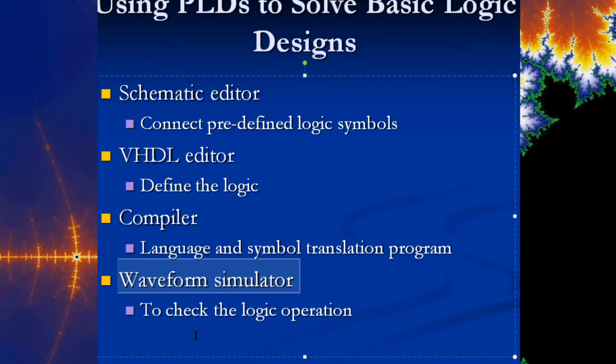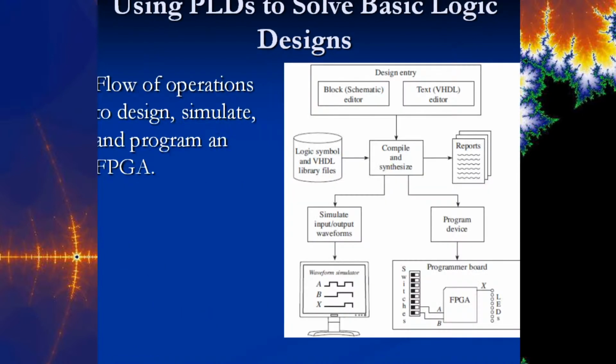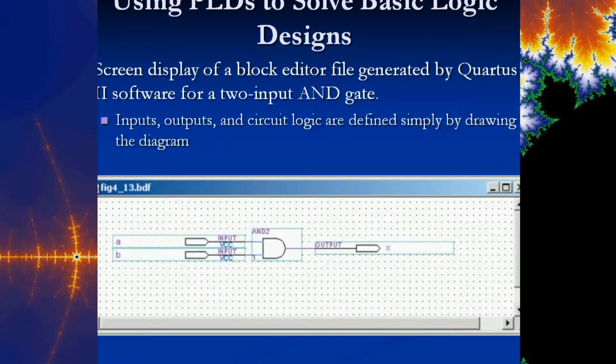Okay, so it's kind of a three-stage process, and most of our labs walk through that same process. So again, compile and synthesize. Essentially, it's converting all that stuff into ones and zeros, regardless of how it's pulled in, because that's all that the computer part of it understands.